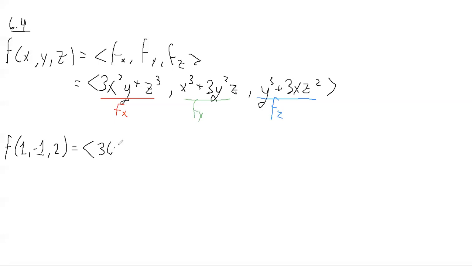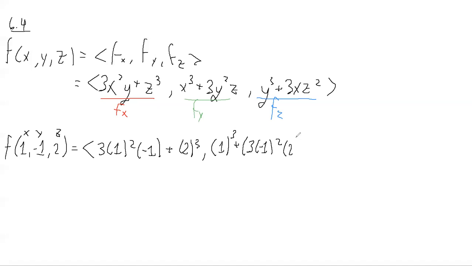So 3 times 1 squared times -1 plus 2 cubed. This is your f of x. Your f of y is just going to be 1 cubed plus 3 times -1 squared times 2. And that's your f of y value.